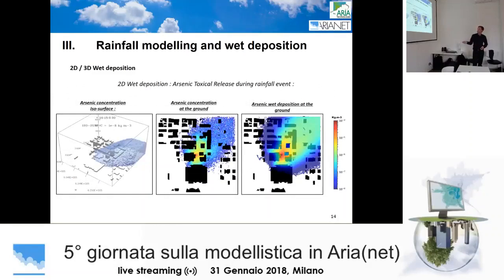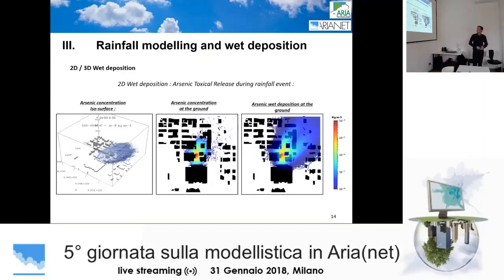So this is an example of the previous wet deposition. I saw a slide before talking about arsenic. This is a case where we have a punctual source here. It's an accidental release, and we have a plume in an urban environment.